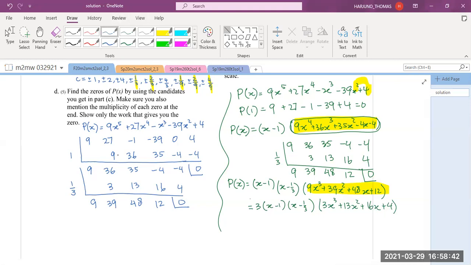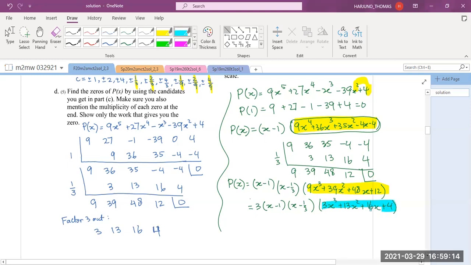Okay, now on the left-hand side, therefore, we can reduce by 3 multiplied by 1/3, right? Factor 3. Then it becomes 3, 13, 16, 4, right? Now, actually at this point, you can update your rational zero theorem.